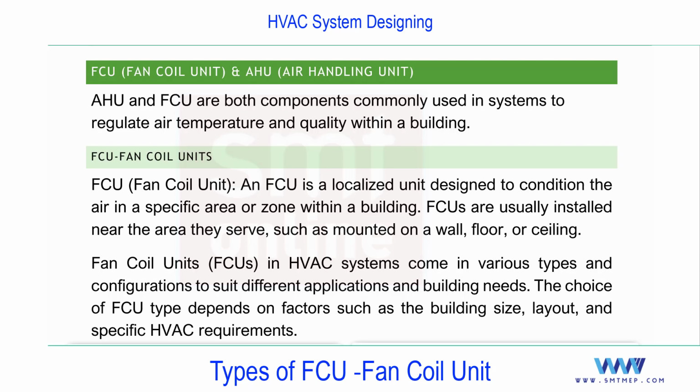So the first point, you see AHU and FCU. In short, we call them the air handling unit and the fan coil unit. And both belong to the air side system. If you divide the HVAC system, you can classify it into 3 categories. One is the refrigerant system. Second is the chilled water system. Third is the air side system.